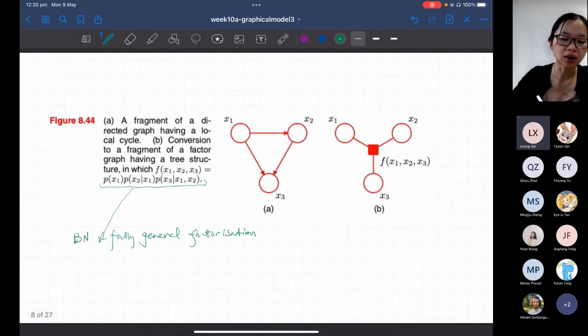If we treat it as an MRF, there's also no savings. Psi is actually over all the variables, and it's equal to f of x1, x2, and x3.